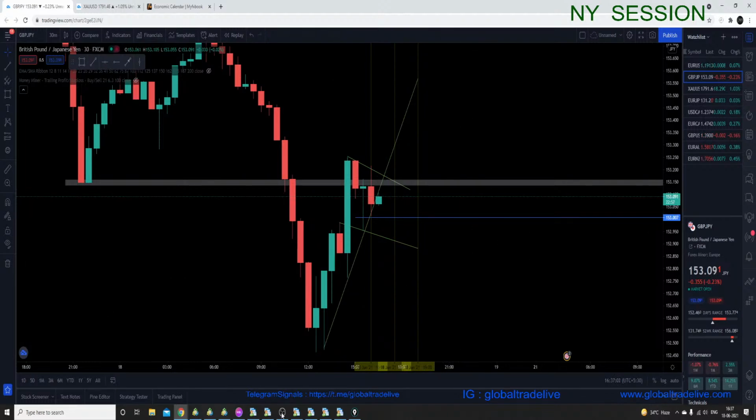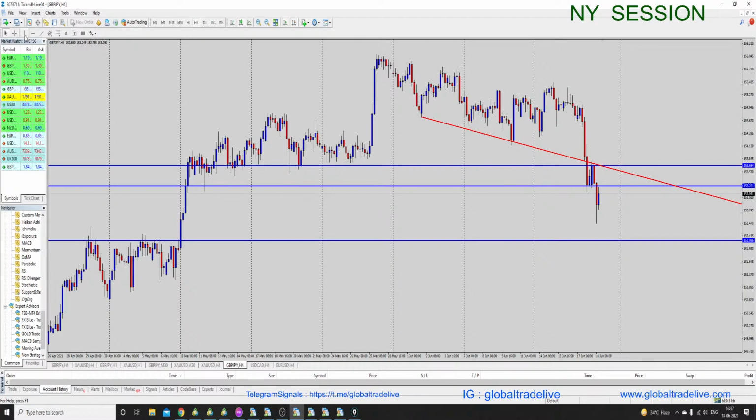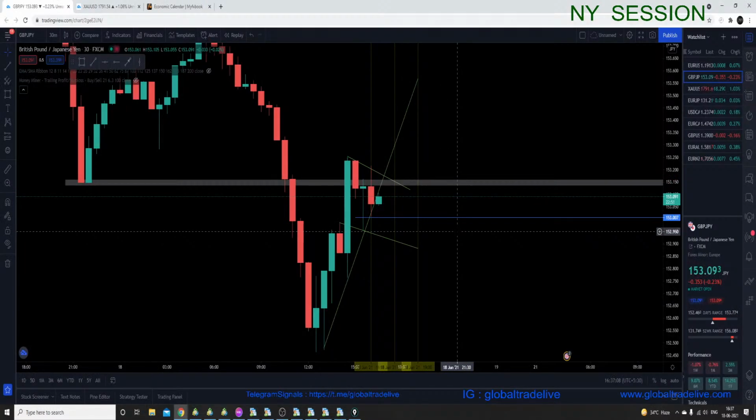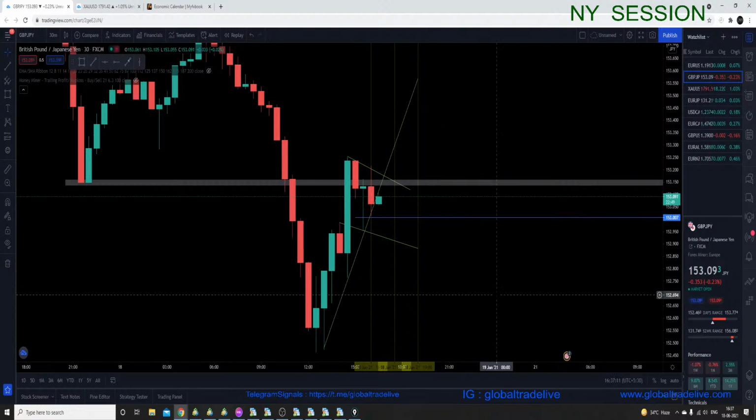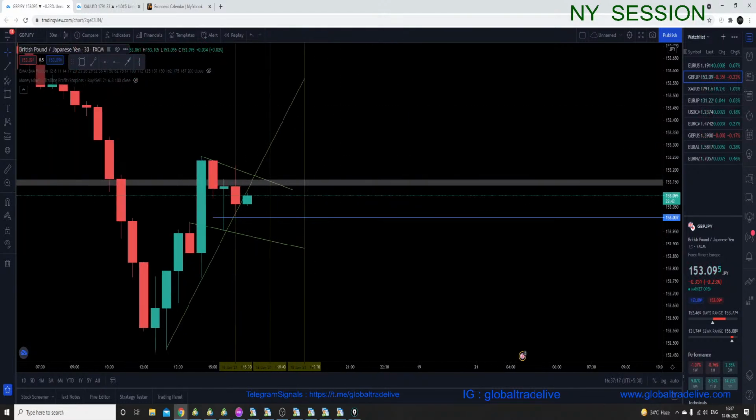Let's see what will happen. 2 hours left for the 4 hour to close. And look, the movement is shifting right now. Look at this.